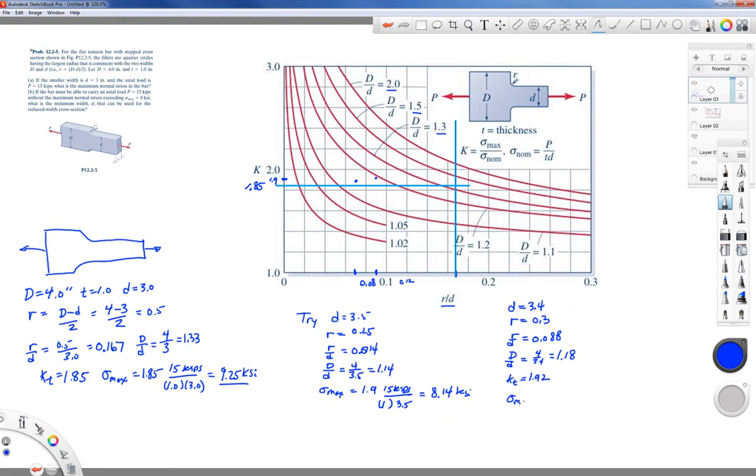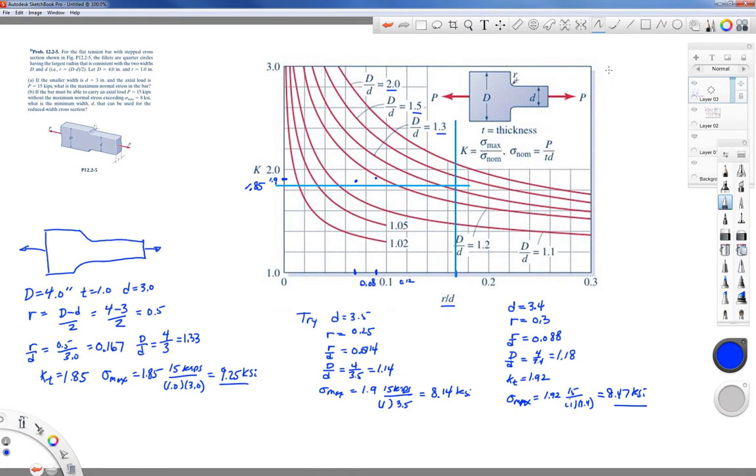So our sigma maximum looks to me to be about 1.92 times 15 kips divided by 1 times 3.4. Let's see what we get. I got 8.47. Okay, so that's still a little high.